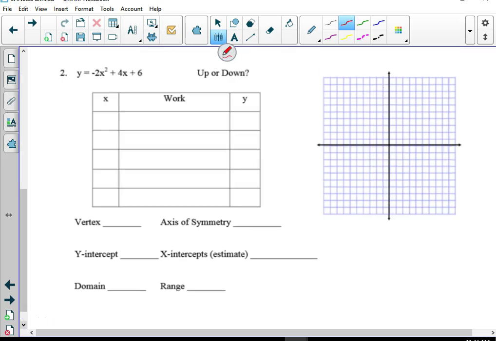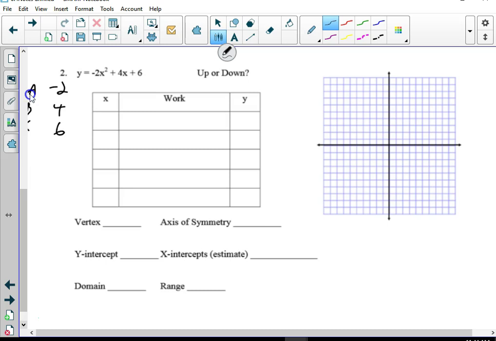Okay, so we're going to do one more example here. Alright, so we want to start with our vertex when we're doing quads. But first we really want to identify A, B, and C. So what's A? -2. What's B? 4. What's C? 6.